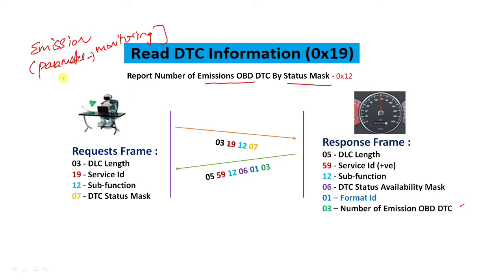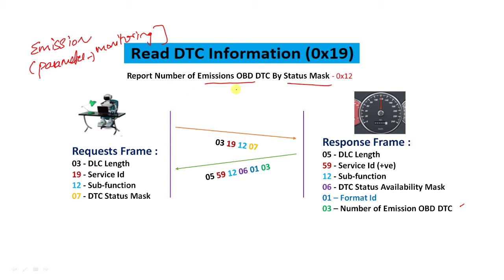So emission keeps on checking emission-related stuff, say even the exhaust, or the powertrain, or the engine cylinder, or the manifold, or anything. A car has so many hardware parts and emission-related parameters, right?